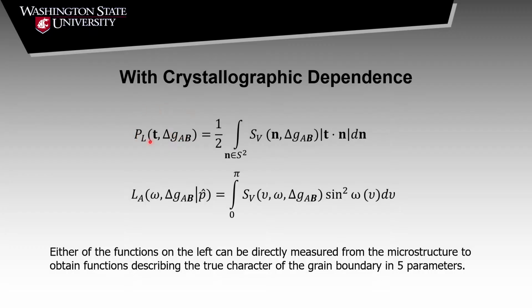My stereology is still in just the standard 3 dimensions where I'm pulling out n, the boundary normal. But I just add in the stereology for the function. So it increases the dimensionality of this space, and it requires many more measurements because I have that additional 3 dimensions. But the stereology is the same.